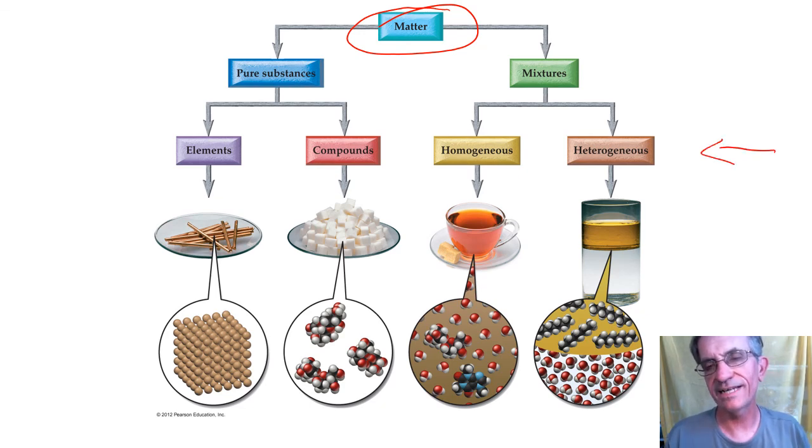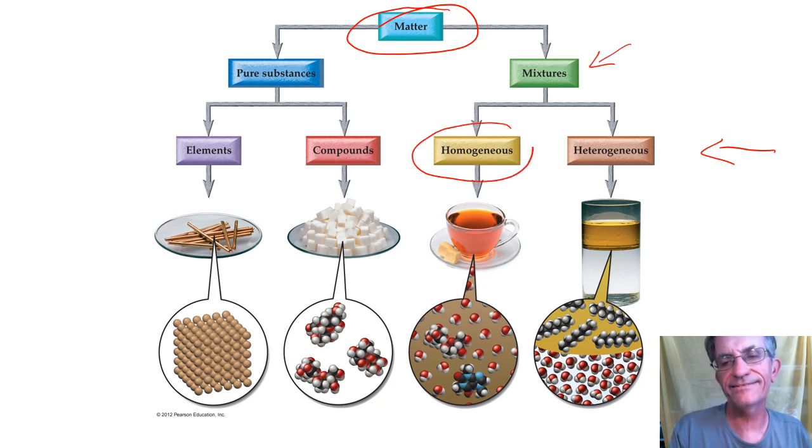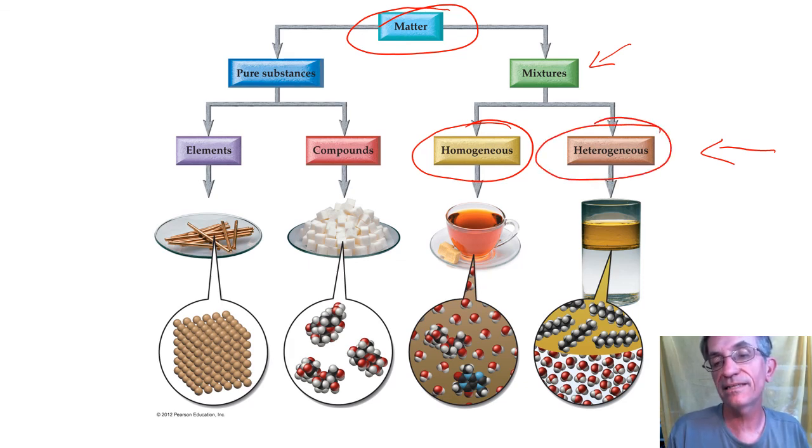Let's start off with the right-hand side. Mixtures. There's two types. Homogeneous, like they use tea. Tea is a mixture, like when you make a cup of tea. Or it could be heterogeneous. Heterogeneous would be like oil and water, two layers or two regions. They show you what's going on with the molecules in this case. So heterogeneous, there's a molecule sitting on top and a different molecule sitting on the bottom.